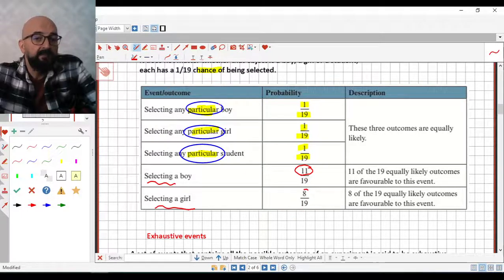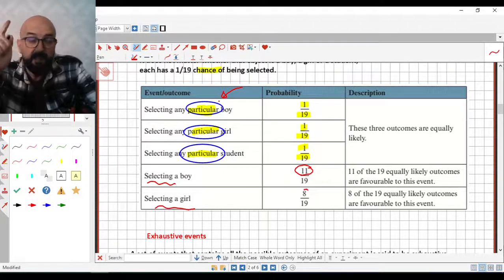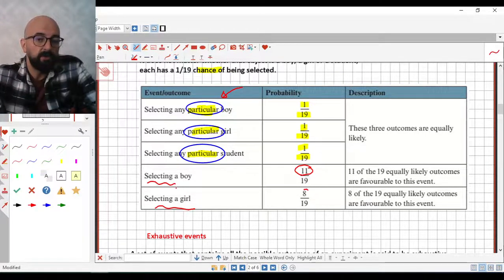So if you see the particle word, it means a specific object, one specified object. But if you don't see the particle word, it means any boy.